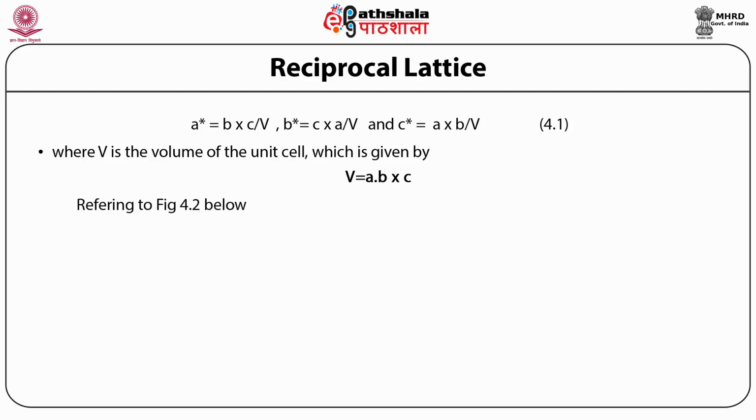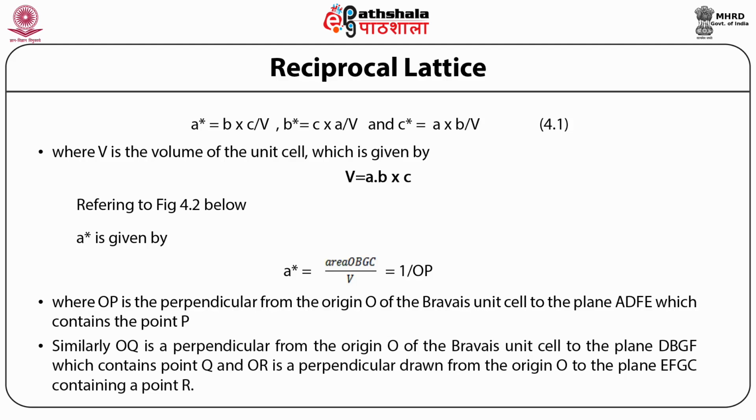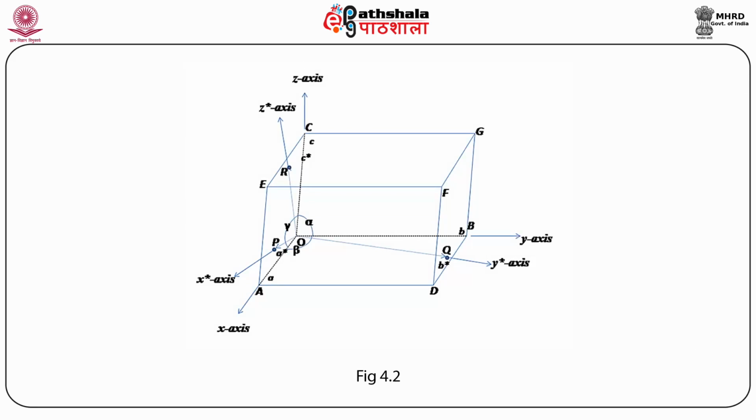Here you can easily see that A star can be given by the area of OBGC over V, which is equal to 1 over OP, where OP is the perpendicular from the origin O of the Bravais unit cell to the plane ADFE containing the point P. Similarly, OQ is a perpendicular from the origin O to the plane DBGF, which contains the point Q, and OR is a perpendicular drawn from the origin O to the plane EFGC containing a point R. Figure 4.2 shows the unit cell in the real space and also the coordinates obtained in the reciprocal space.